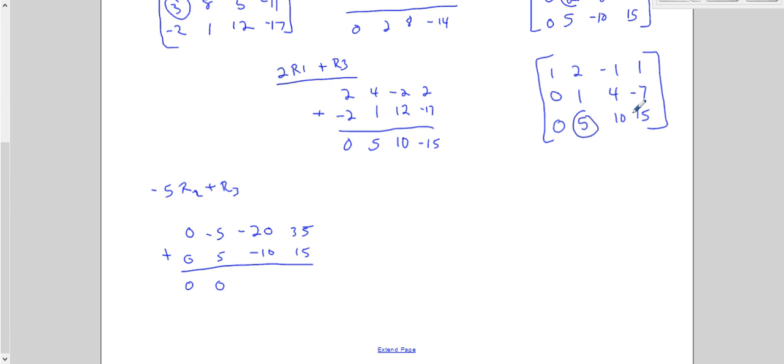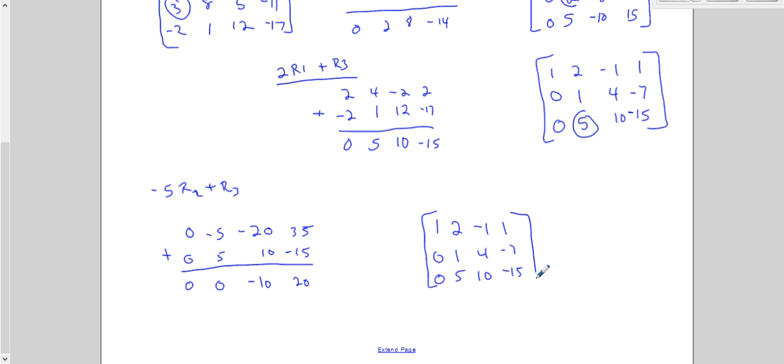So I had the negative in the wrong spot for over here, which then put the negative in the wrong spot over here. So when I add now, I get negative 10. When I add here, I get 20. All right. So that's going to replace row 3. And I'm going to have 1, 2, negative 1, 1, 0, 1, 4, negative 7, 0, 5, 10, and negative 15.